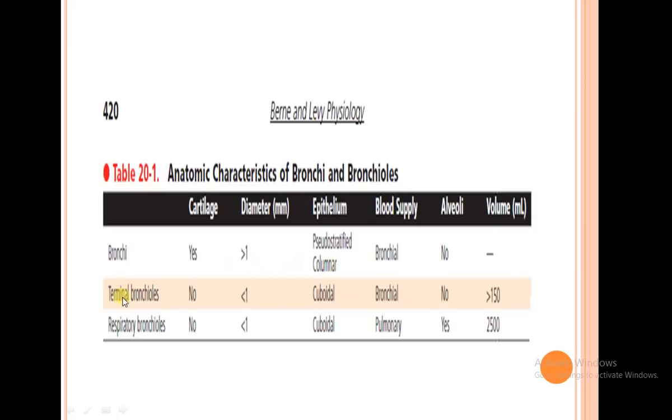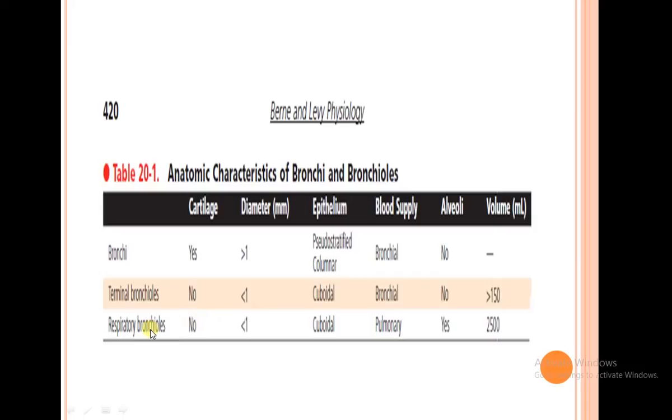And the terminal bronchioles do not have cartilages in their wall, but they have smooth muscles instead, and their diameter is 1 millimeter or less than 1 millimeter. Their epithelium is cuboidal. It is ciliated, but it does not contain serous or mucous glands.